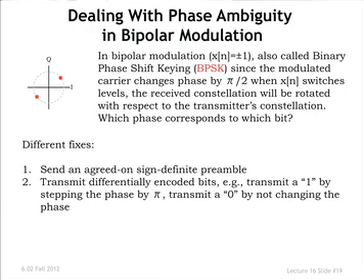And there are other ways of doing it as well, what's called differential coding, where it's not where that is, but whether it flips over to the other side or not, that signals a bit. And so to transmit a 1, you'll step the phase by pi, and that can be detected.